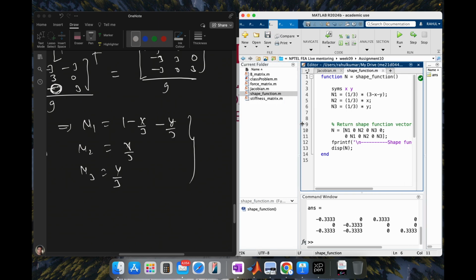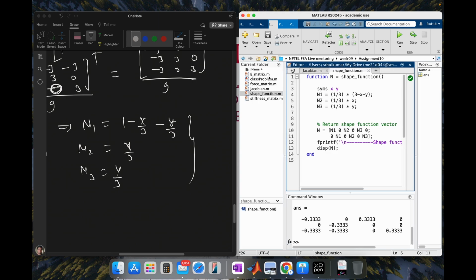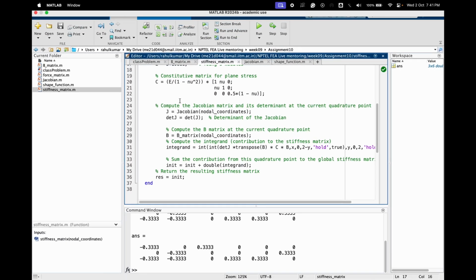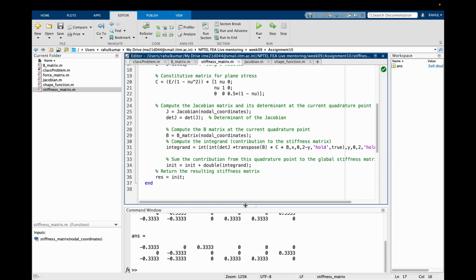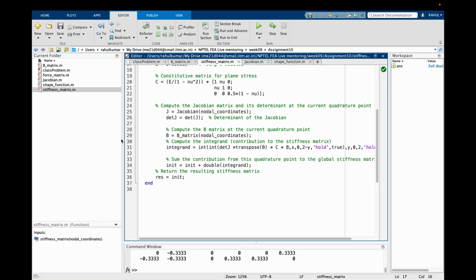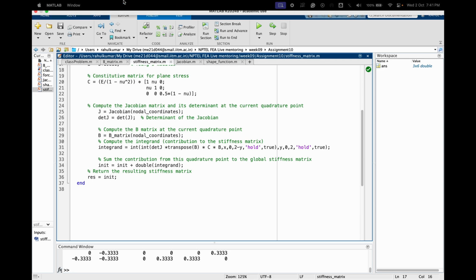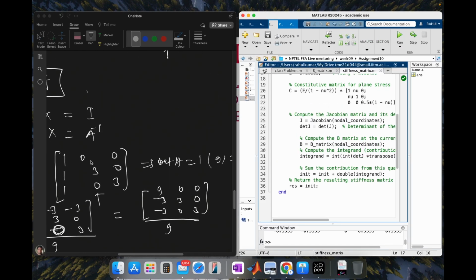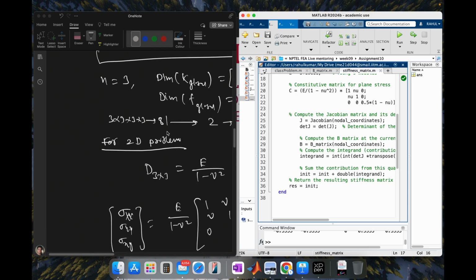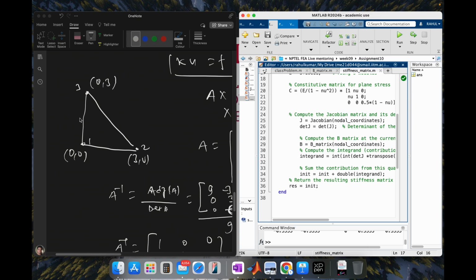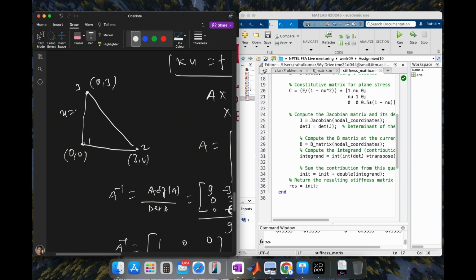So this is all about the shape function, and the Jacobian is fine. B matrix is also fine. Okay, let's see the stiffness matrix. So what will be the function? The function will be determinant of J, B transpose, C and B, and here the integration will go, if I see this, from x equal to 0 to x equal to 3 minus y, because the equation of this line is 3 minus y.